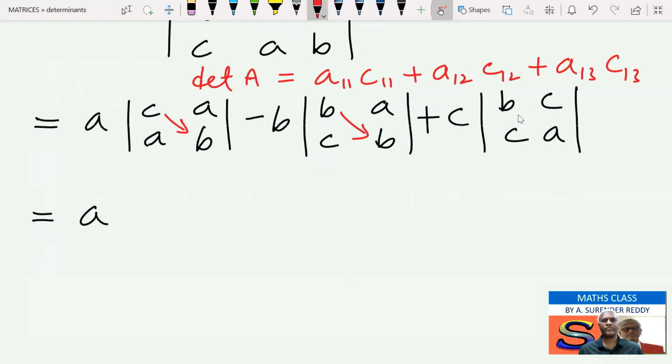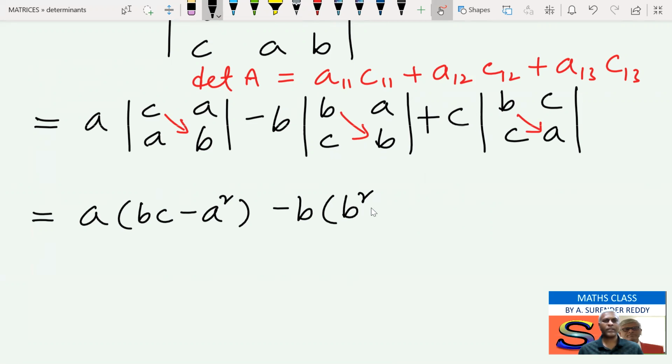AD మైనస్ BC, జస్ట్ క్రాస్ మల్టిప్లికేషన్. సో ఇది BC మైనస్ A స్క్వేర్. ఇది B స్క్వేర్ మైనస్ AC, క్రాస్ మల్టిప్లికేషన్ అనుకోండి జస్ట్. సో ఇది B ఇంటూ A, AB మైనస్ C స్క్వేర్ అవుతుంది.